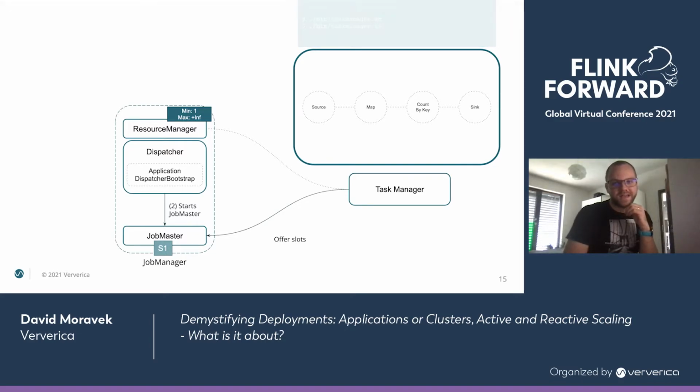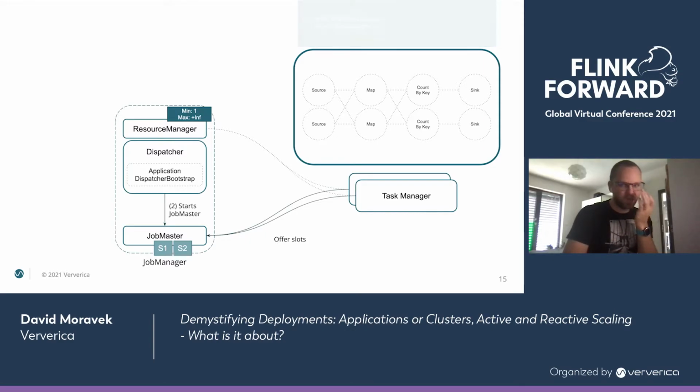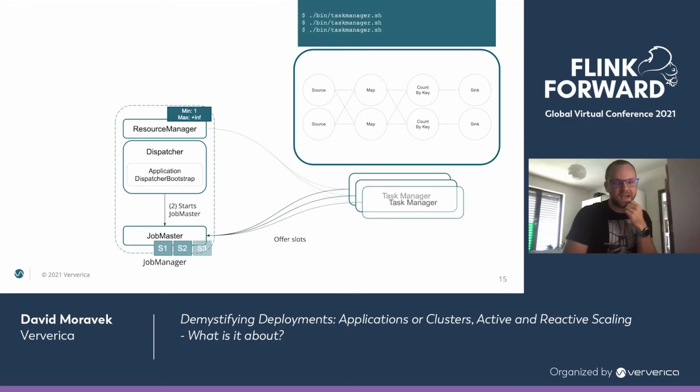If we add a second task manager, then our job master will again receive a slot, and it will now use the latest checkpoint that it has available, and it will automatically rescale the job to adapt to these newly available resources. If we then add a third task manager, our job manager will again rescale the pipeline using the latest checkpoint.